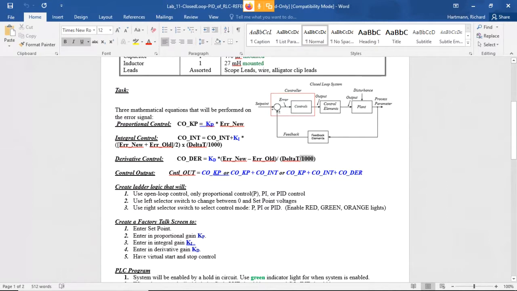Oh, and this delta t, I think I'm missing that too because I need to divide by 1,000. The reason I'm dividing by 1,000 is because delta t is in milliseconds. Okay, and so you need to divide by 1,000 to get seconds, which is probably why my system is blowing up.